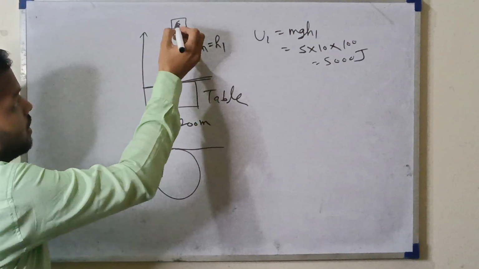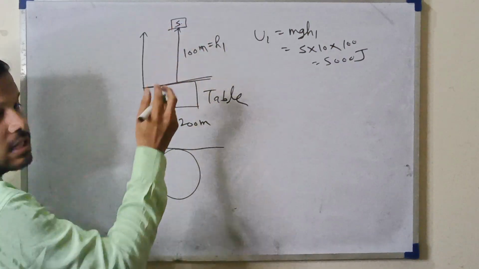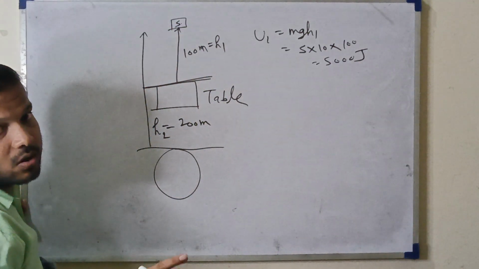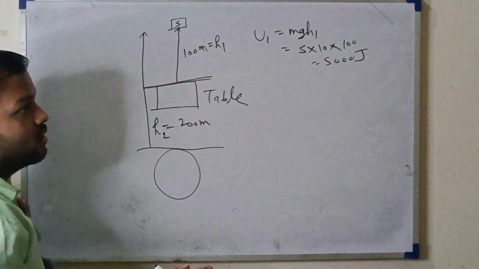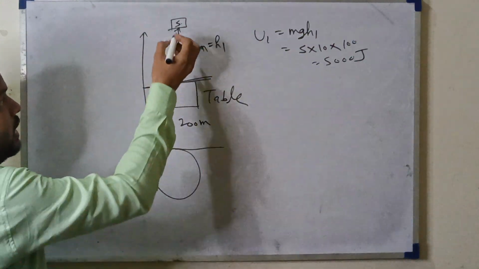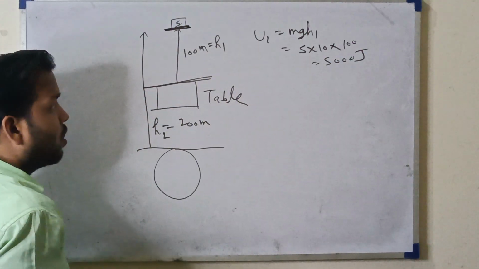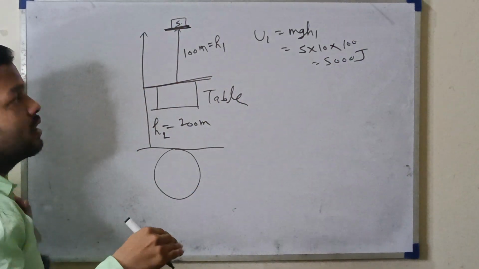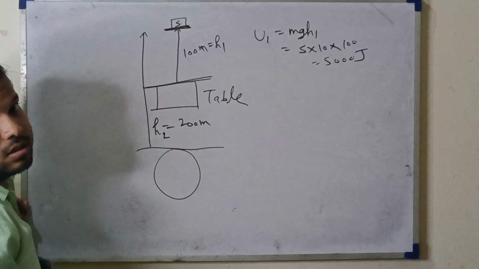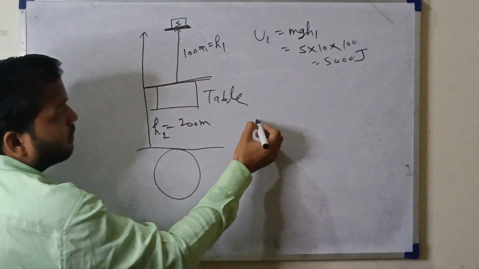You can see here the object mass is the same, 5 kg. The object position is the same, that is here. But just because of the reference level, the value of U will change. Do you know why? Let us see.